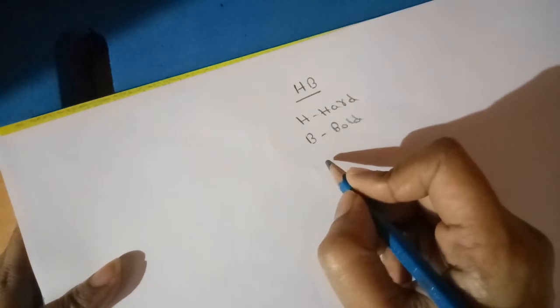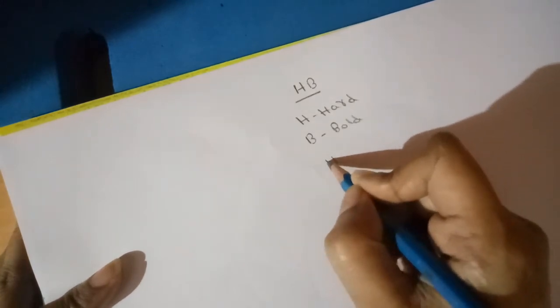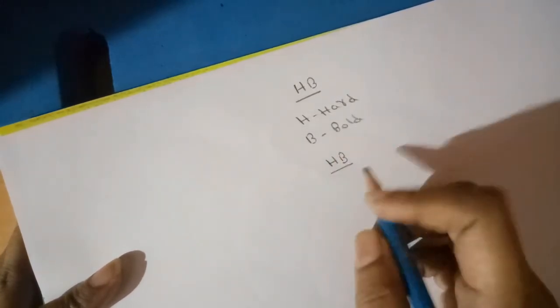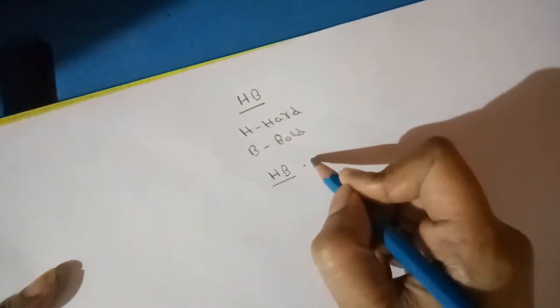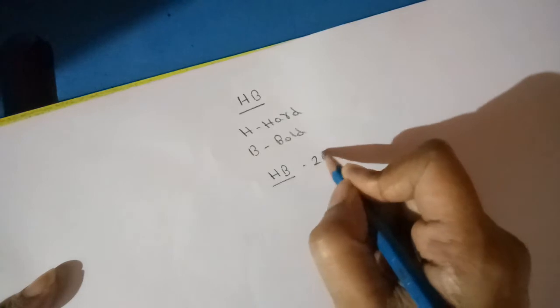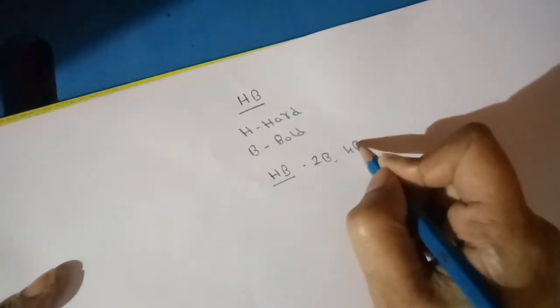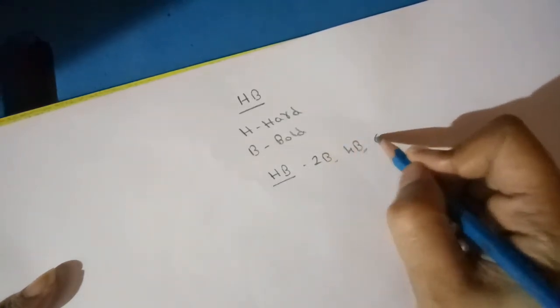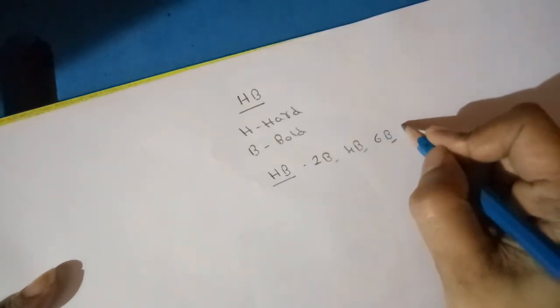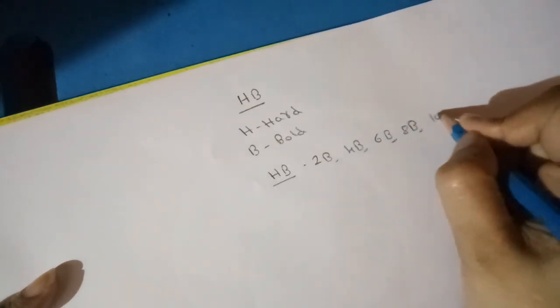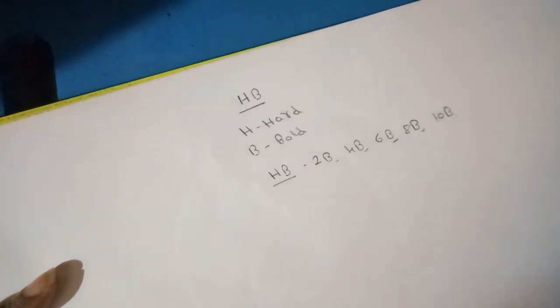Before that I want to explain one more thing. So let it be HB pencil, and here you can see 2B, 4B, 6B, even you will get 5B, 3B also, 8B, 10B, many more.